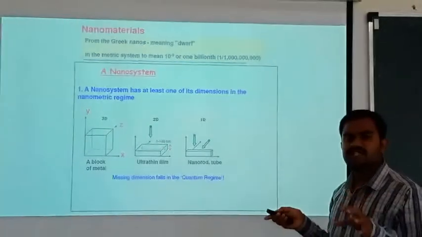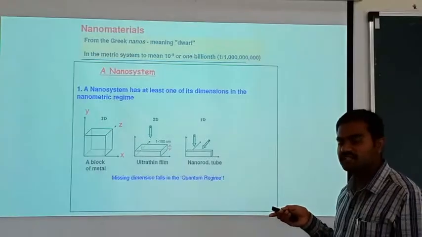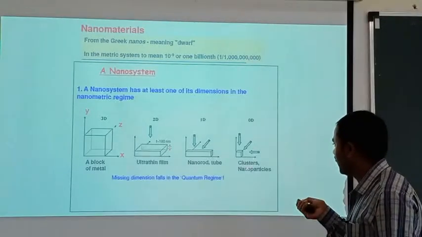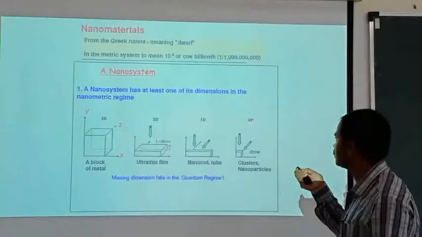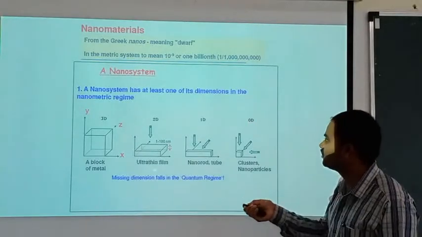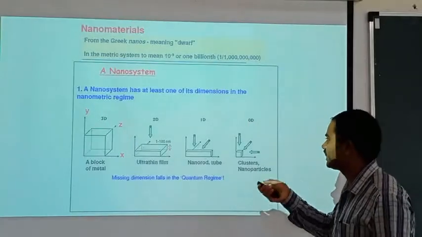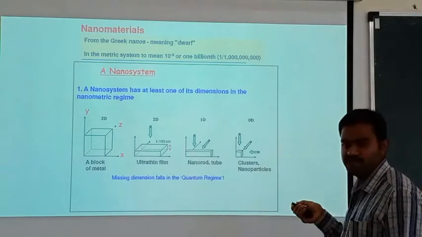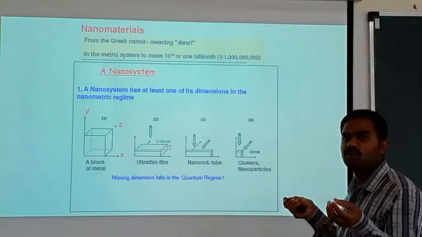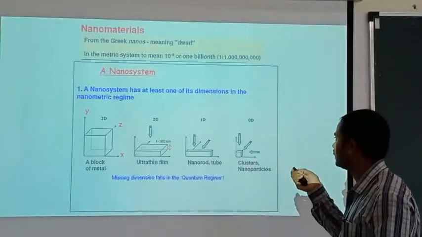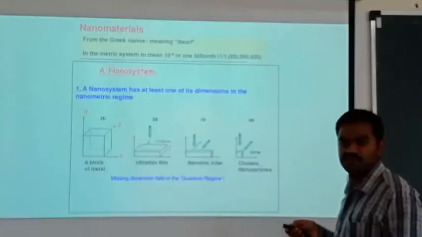Now, if you confine all three dimensions, then you will find a cluster of nanoparticles, which is called 0D. This is the distinction between 3D, 2D, 1D, and 0-dimensional materials. For example, a quantum dot is an example of a 0-dimensional material.